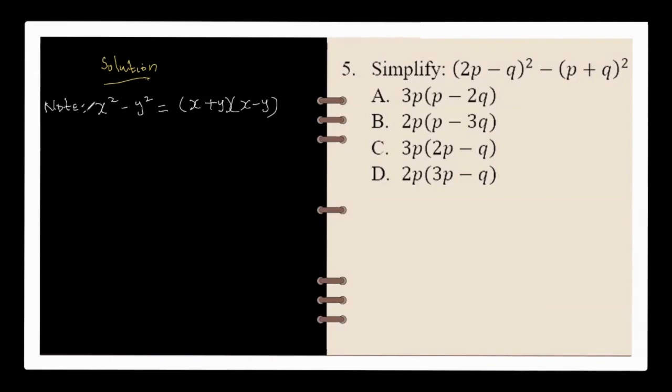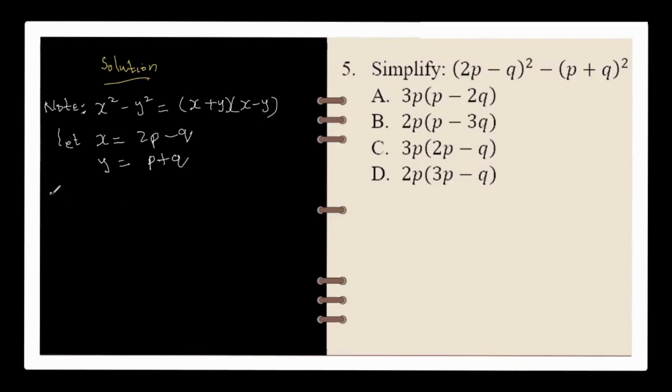This is very important. So it is this that we will use to simplify what we are given. So now we can say let x represent 2p minus q and let y represent p plus q.